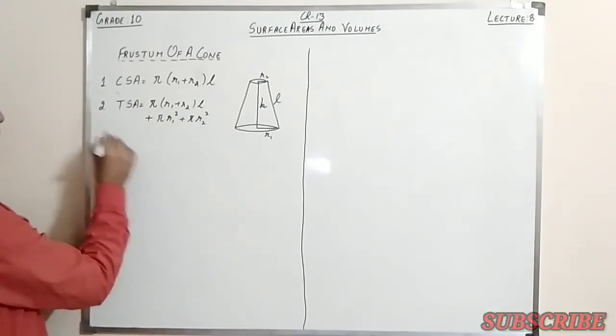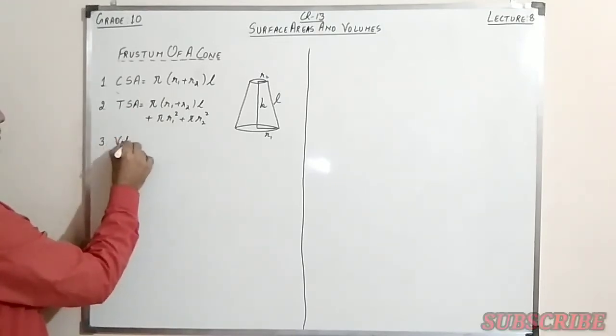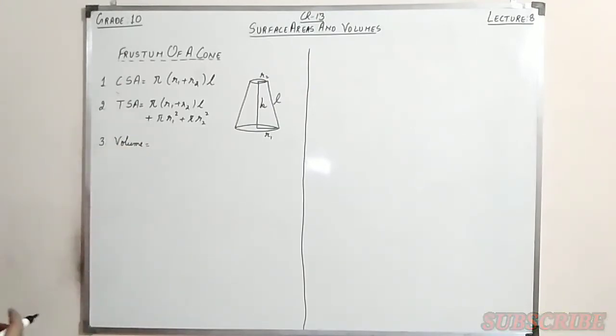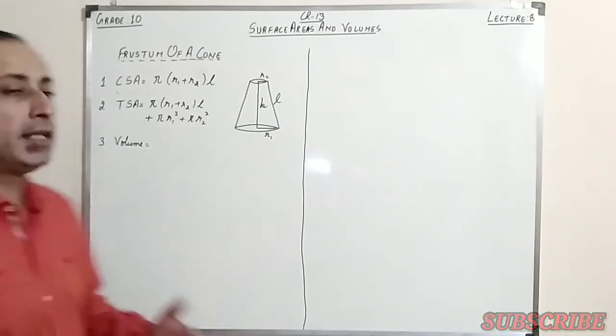Now we go to the third thing, which is the volume. Since it is a frustum of a cone, you can also call it a truncated cone, and the volume of the cone is 1 by 3 pi r square h.